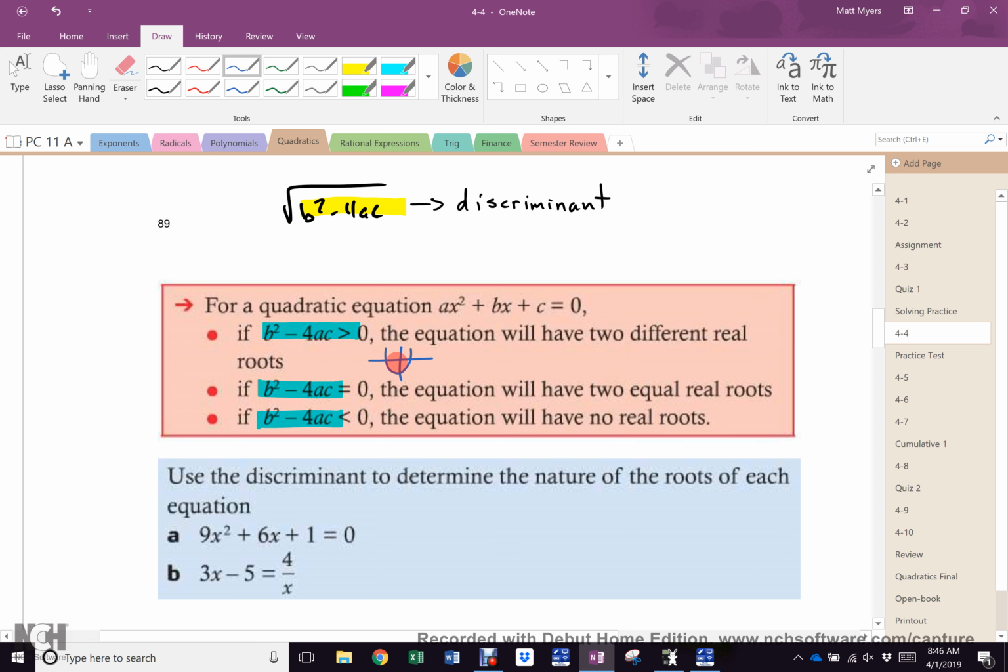Hits the x twice. Two equal real roots. Remember, that appears as one root. And it looks like this. It bounces off the x-axis. And then the third one is, of course, never touches the x-axis. Everybody cool?